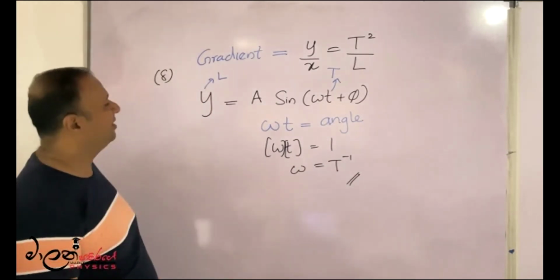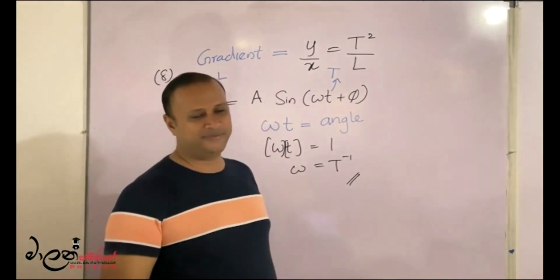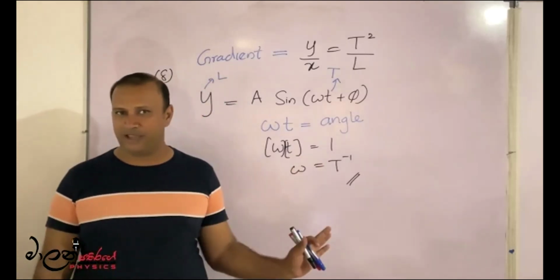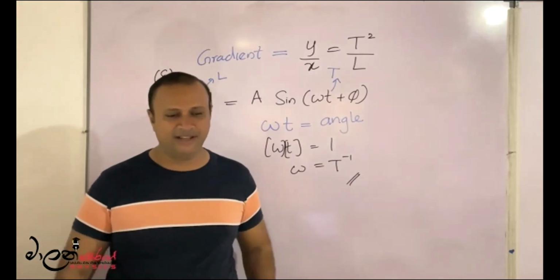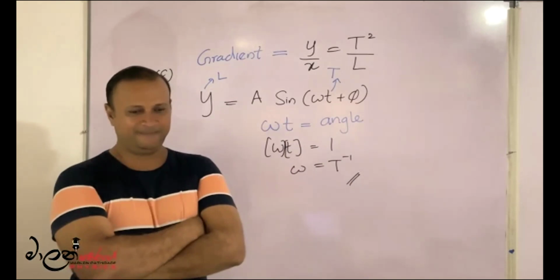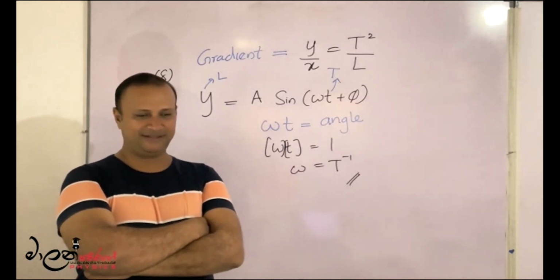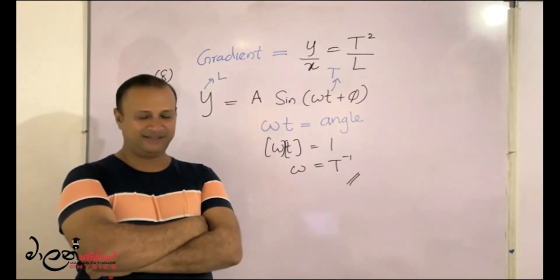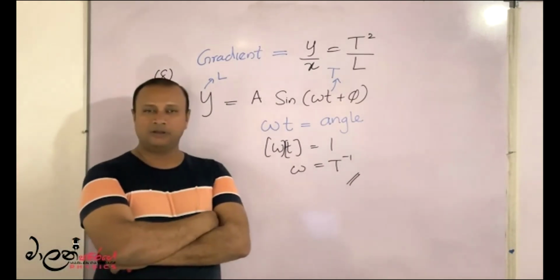Right. Then, what is the dimension of A? What is the dimension of A and how did you derive that one? That is L. What is the argument that has been used?